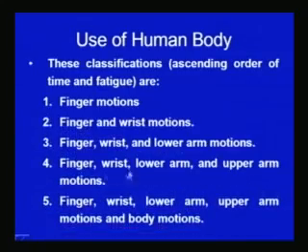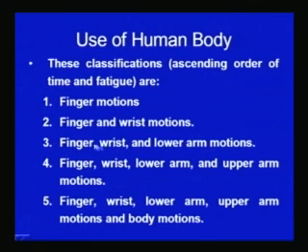So, as I have said earlier, the classification of the body parts from 1 to 5 is like this: classification 1 covers the finger motion only, classification 2 includes the finger and wrist motions, and classification 3 covers those motions which include finger, wrist and arm.